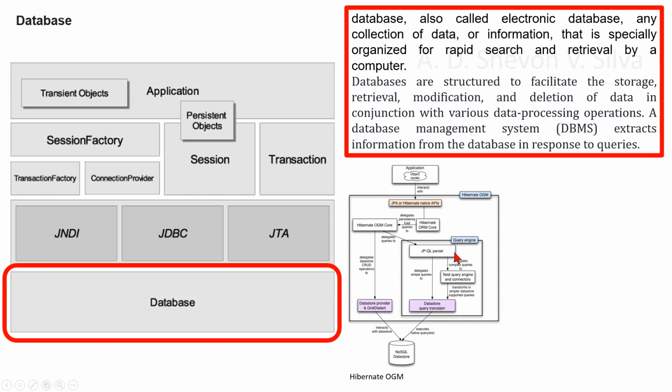The JPQL parser delegates complex queries to the tied query engine and connectors. Tied query engine and connectors transform them into simpler data store supported queries for the data store query translator. The data store query translator executes native queries, and it is connected to the SQL data store.